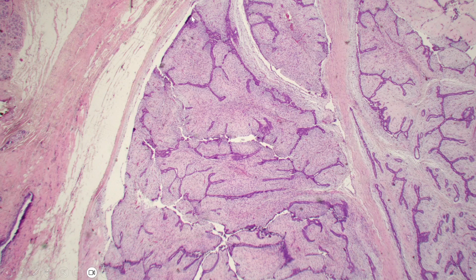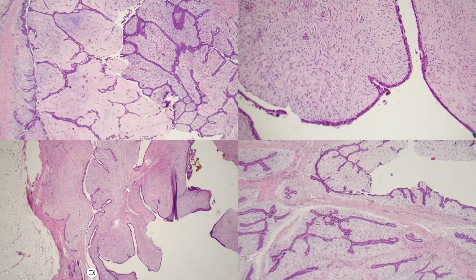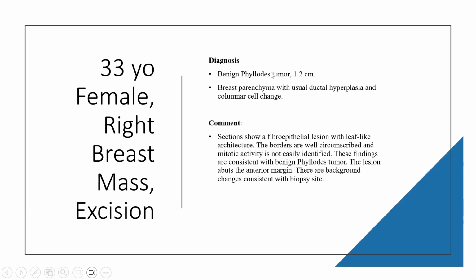But more importantly, we can see this well-demarcated border, so we know this is benign. And then in another image, we can clearly see this leaf-like structure in low power and subepithelial condensation. So this one turned out to be benign phyllodes.